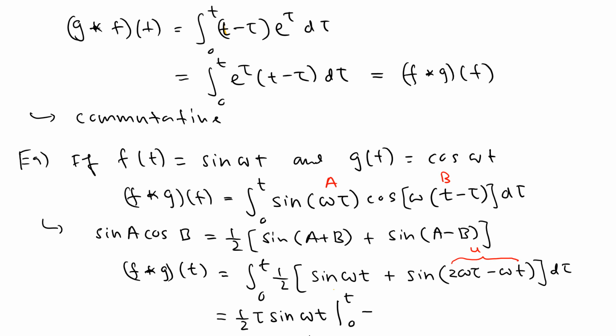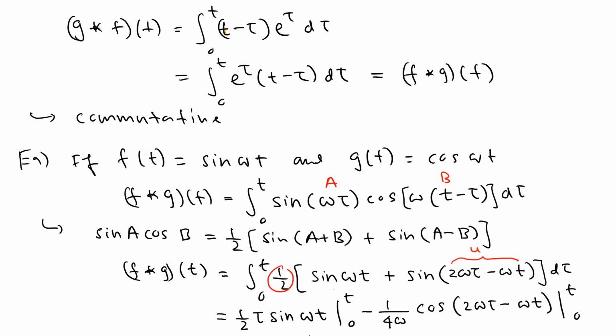So you divide by 2 omega, but we have a 1/2 outside, so you simply get 1/4 omega, and then it's a cosine of 2 omega tau minus omega tau. And again, the limits are t and 0.